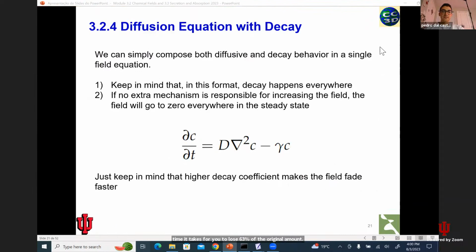You can couple it to the diffusion equation. And if you do that, the only thing it changes in the decay equation is that now it happens everywhere. So this equation means that the decay, which is gamma times C, is happening everywhere. Okay, and what you need to know about the decay is that gamma, this coefficient here, is the decay constant, and the higher the decay constant is, the faster your field will decay.